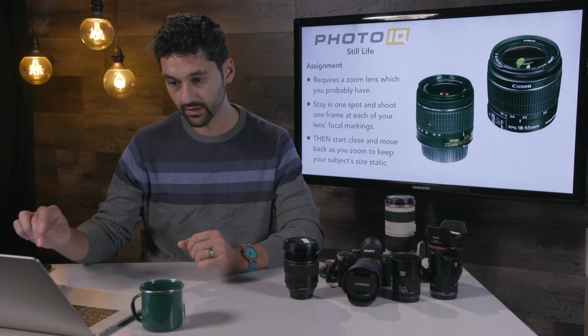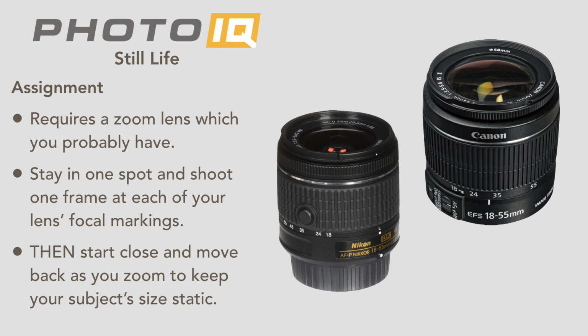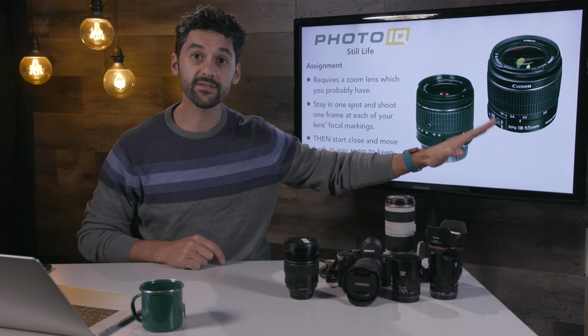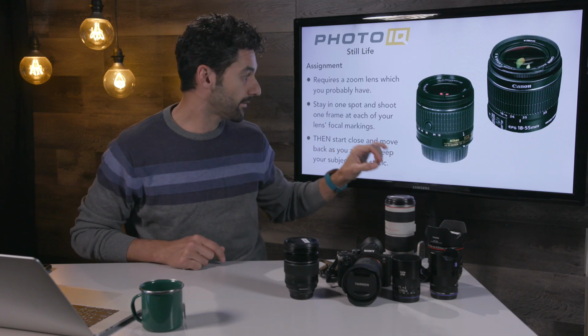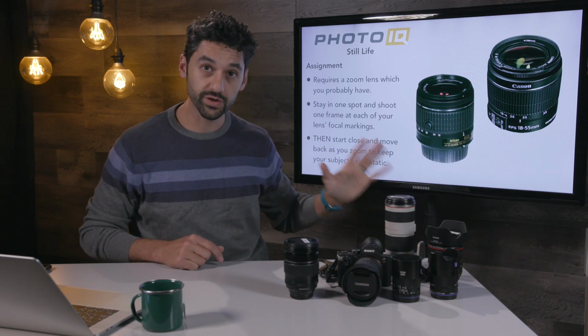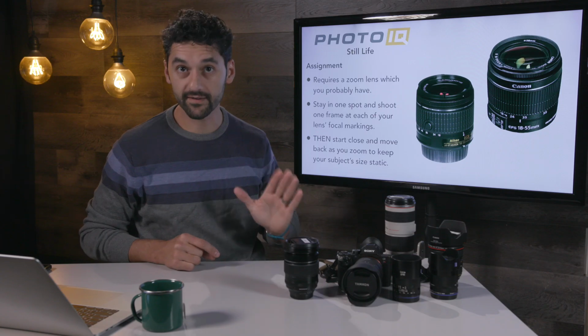Now, just to give you a little pointer as to exactly what we're talking about, these are the two most common lenses that the majority of you are going to have. This is the Nikon 18-55 kit zoom lens, and this is the Canon 18-55 kit zoom lens. Both of these lenses are extremely common and not very expensive.